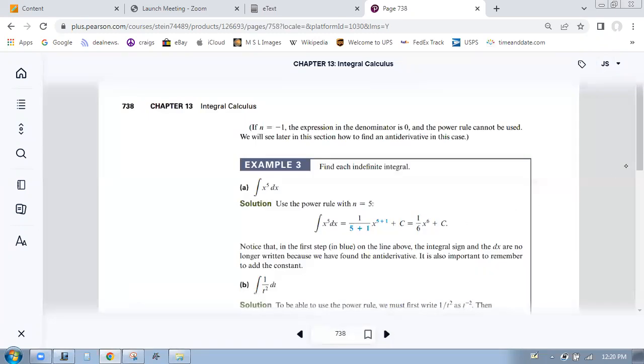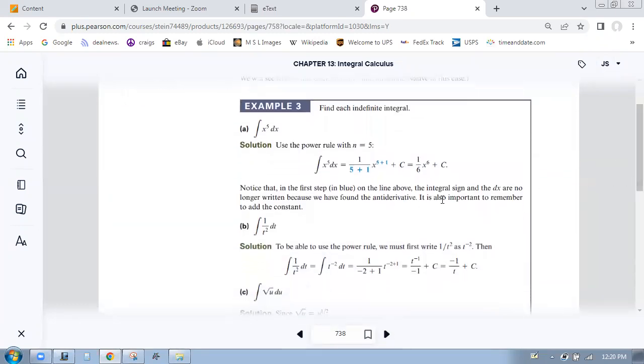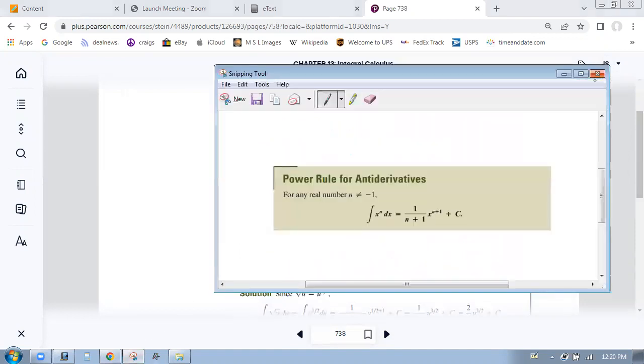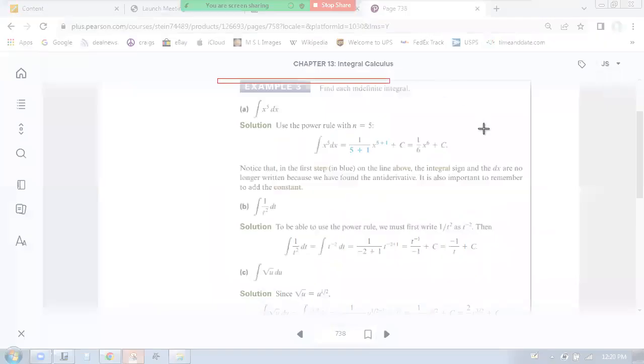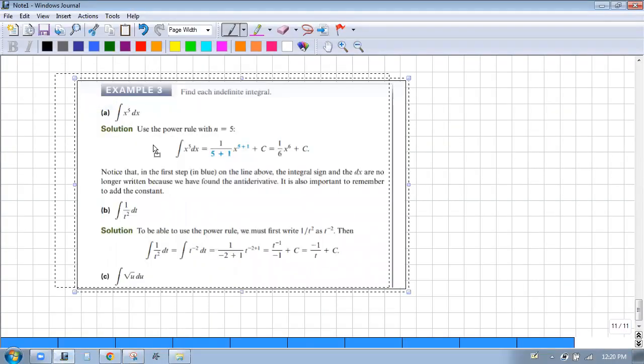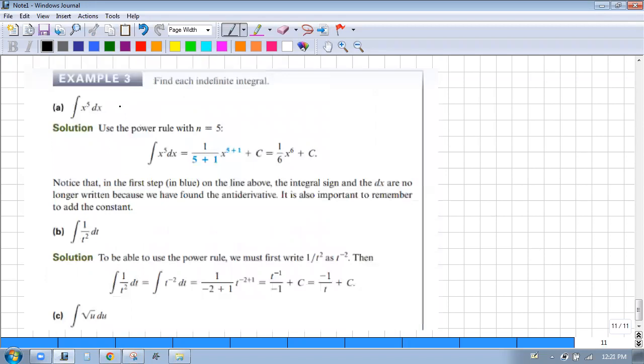Let's do some examples. For x to the 5th, we need an x to the 6th over 6 plus a constant, right? Multiply by the 6, subtract 1, we get x to the 5th.